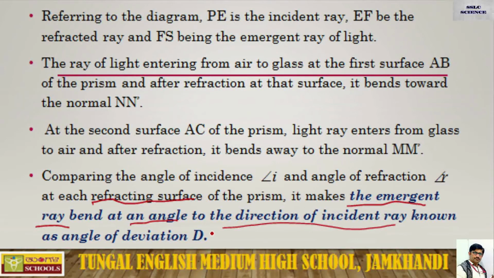That is known as the angle of deviation D. So the emergent ray bends at an angle to the direction of the incident ray. That angle is important. That will be the angle of deviation.